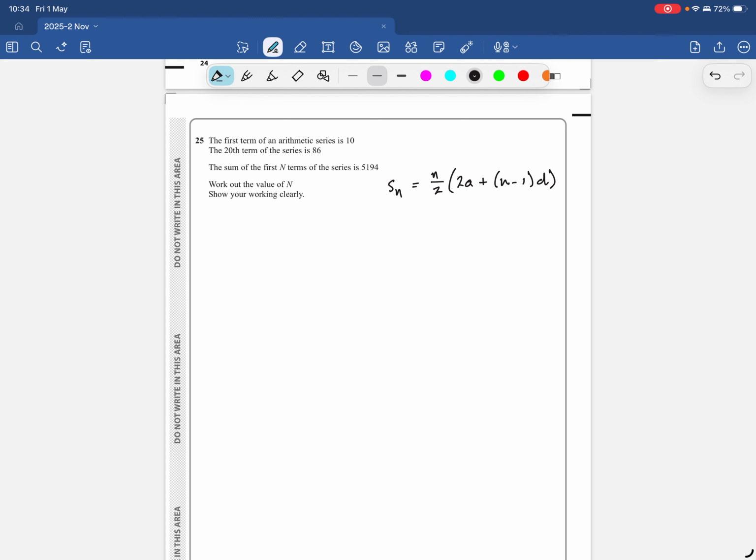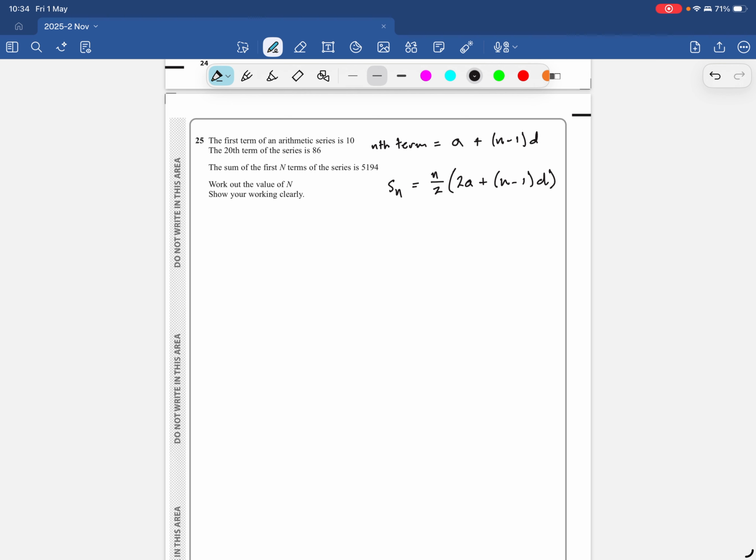It's not on your formula sheet, and it's the formula for the nth term, and that's equal to the starting term plus n minus 1 d, n minus 1 differences. You have to know that one. These days you can't go into the exam and immediately write that down while you're waiting to start the exam. You can only write it down once the exam has started. So you've got to know that. You've got to have that in your head.